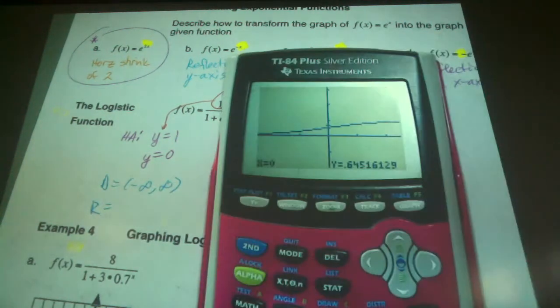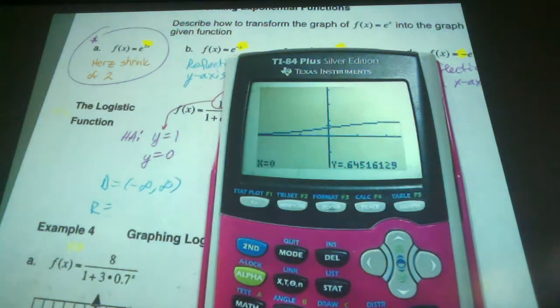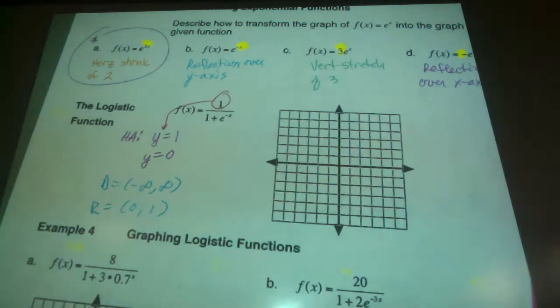If I've got 2 horizontal asymptotes, y equals 1 and y equals 0, what are my y values going to be between? 0 and 1, right? So my range goes from 0 to 1, but does not include that. So the logistic actually has a double restriction on that range. Every time you have a horizontal asymptote, it affects it. So then look at your limits.